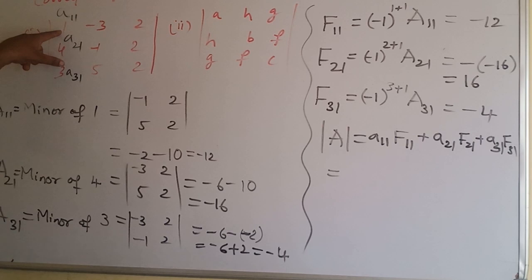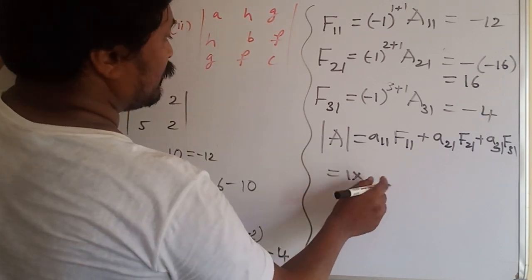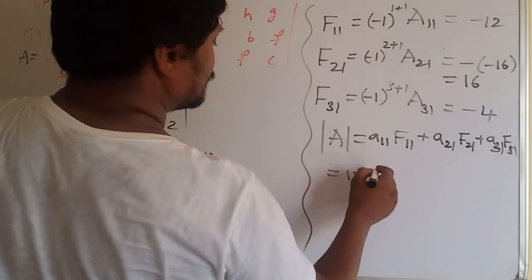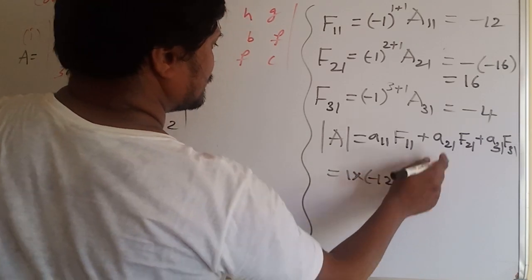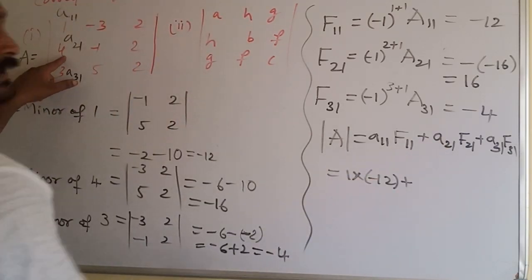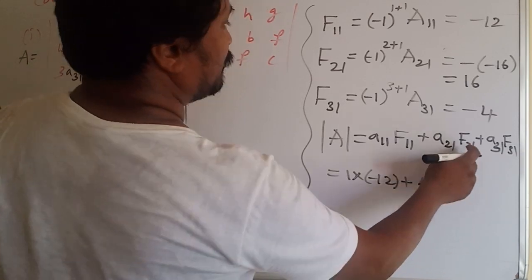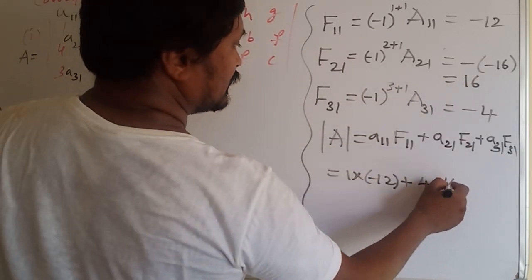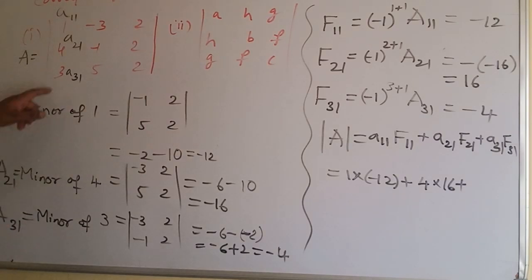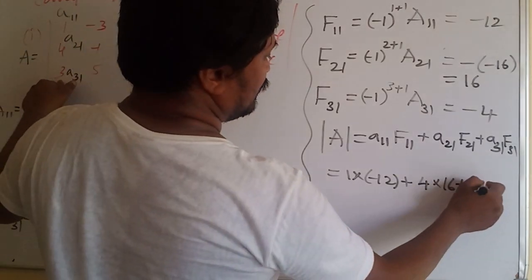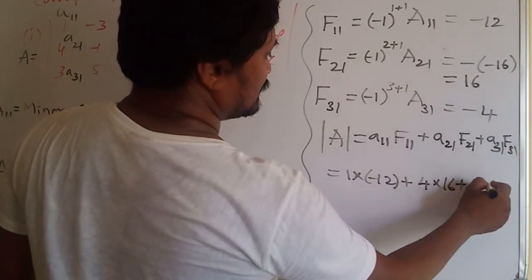A11 is 1, and what is your F11? -12. Plus A21, which is 4, times F21, which you found as 16. Plus A31, which is 3, times F31, which is -4.